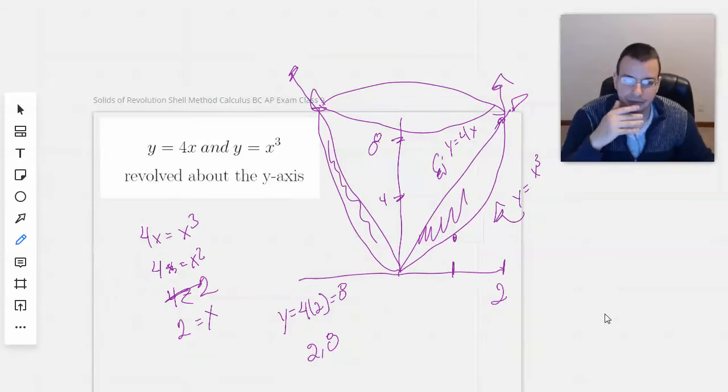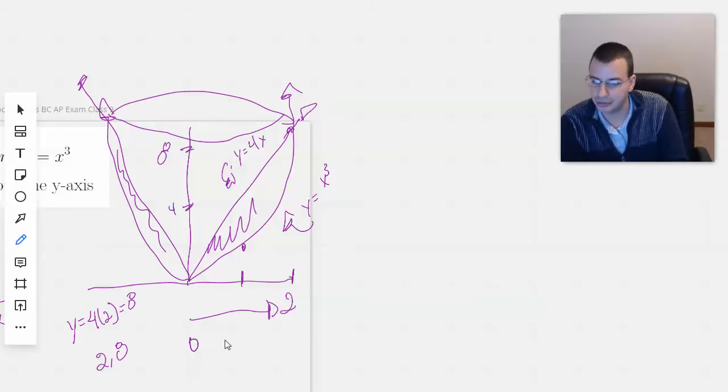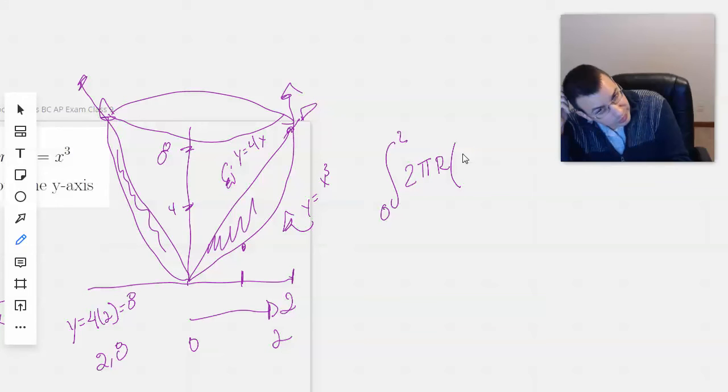Okay? So we're going to integrate this direction, since we're doing the shell method, from 0 to 2. And shell is a circle, 2 pi r, times height big minus 2 pi r height small.